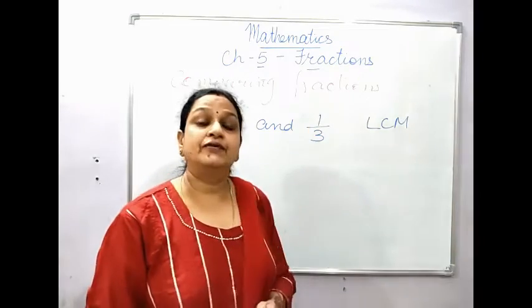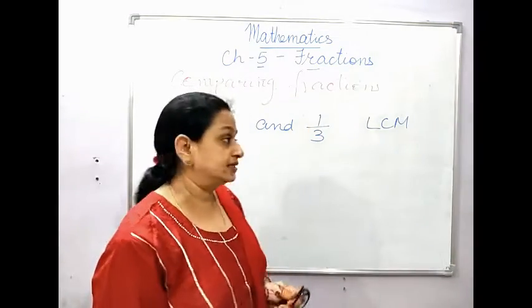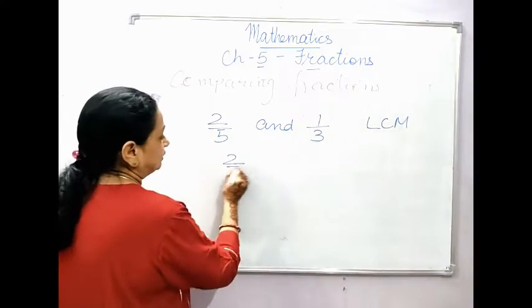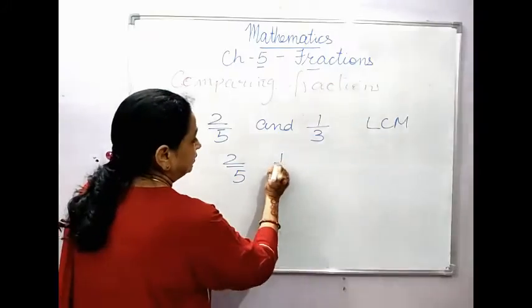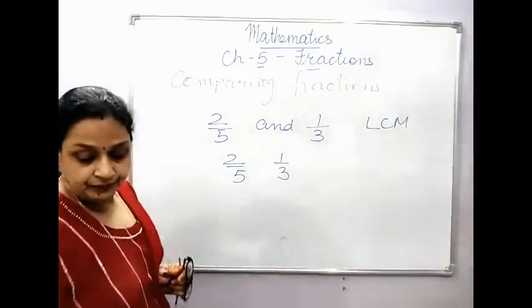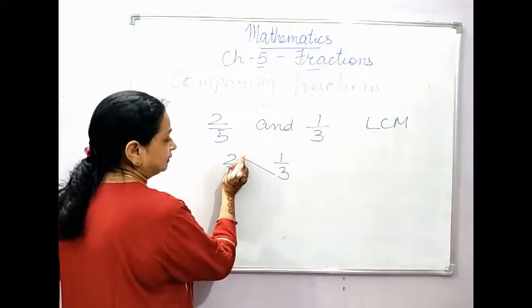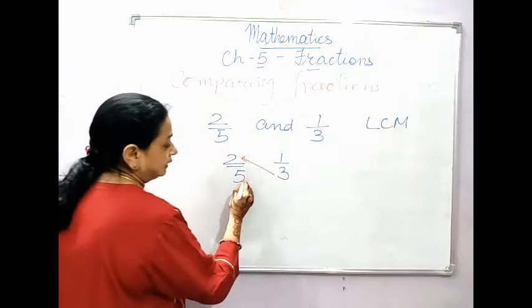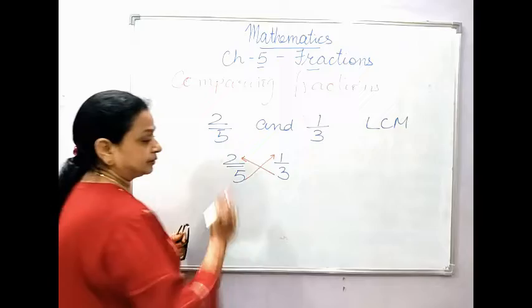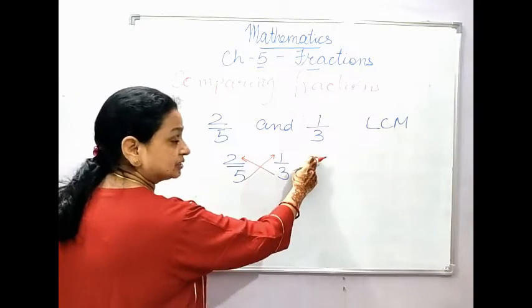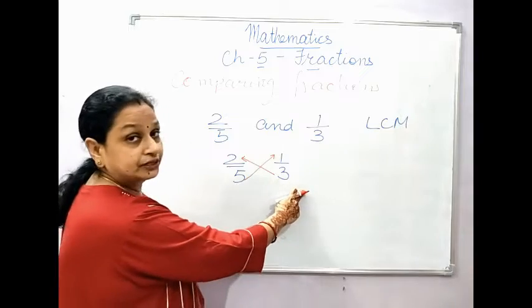The other method, which is the simplest, is that you cross multiply them. I'll show over here, 2 upon 5, 1 upon 3. Now you cross multiply: you multiply this denominator with this numerator and this denominator with this numerator. And write the answer near the numerator, don't write near the denominator.